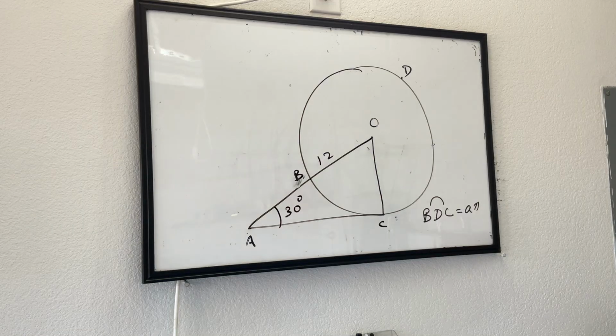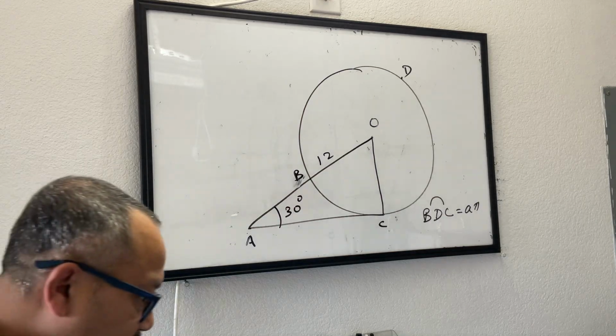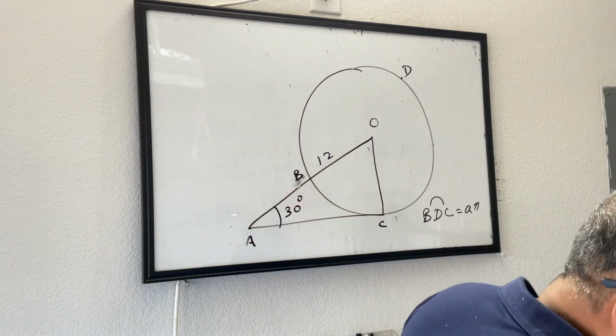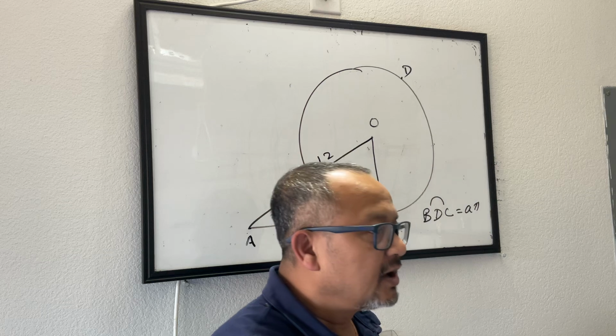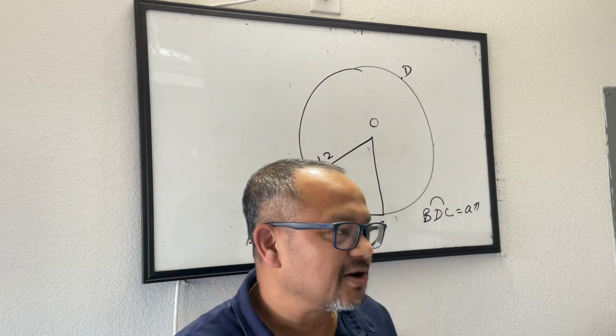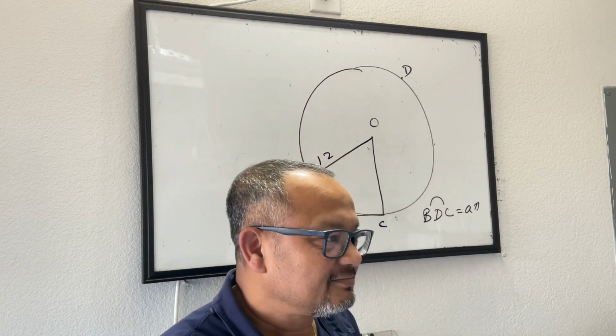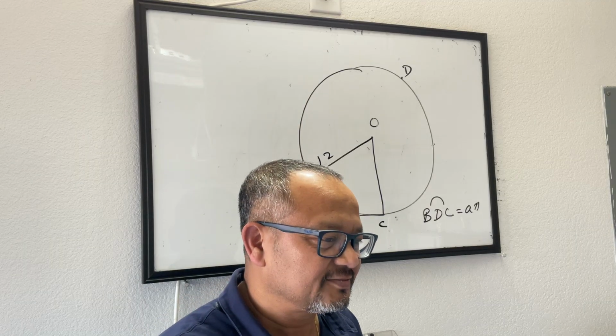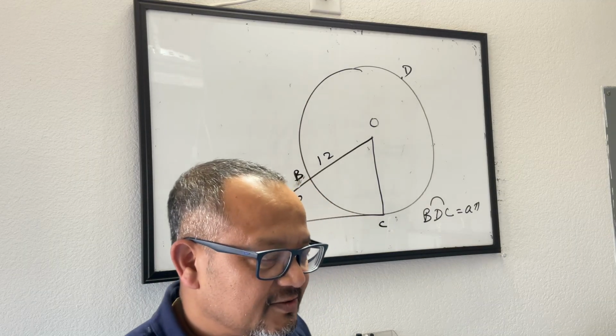I'll let you guys do it peacefully. One clue I would want to give is apply understanding of trigonometry and geometry together. That's what this question is all about. Yes, Sarah.